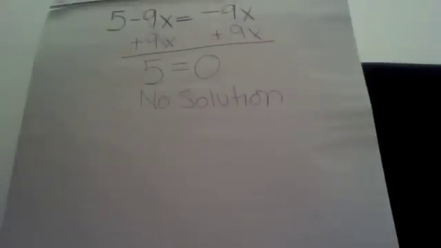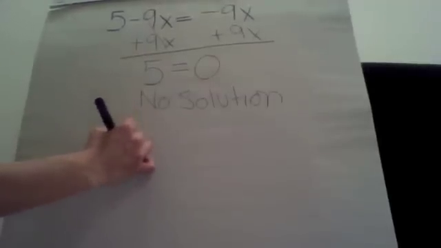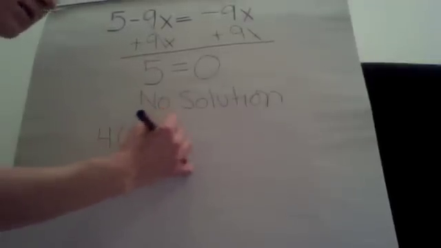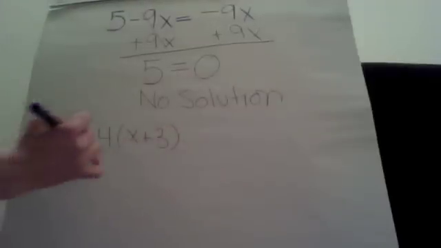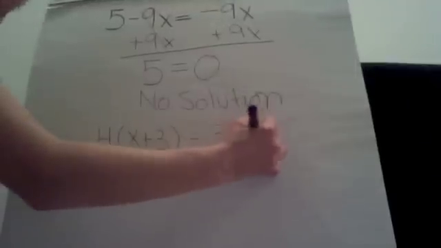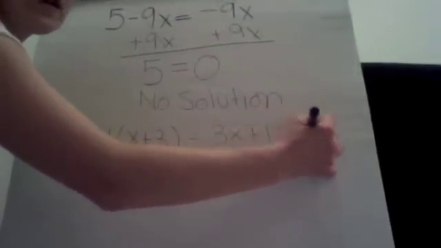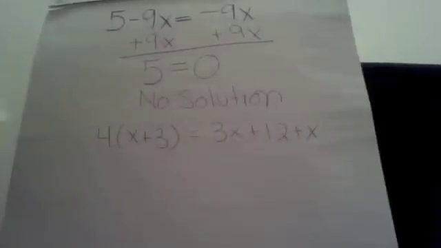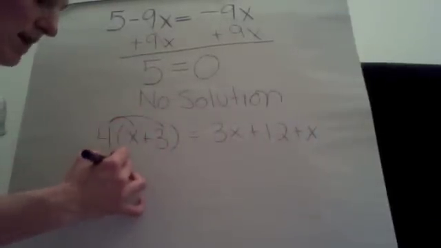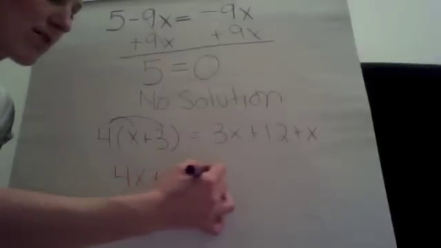Now suppose we have the problem 4 times the quantity x plus 3 equals 3x plus 12 plus x. Let's go ahead and start with our distribution. That's going to give me 4x plus 12 on my left member.